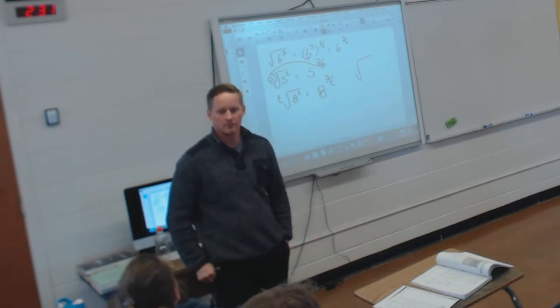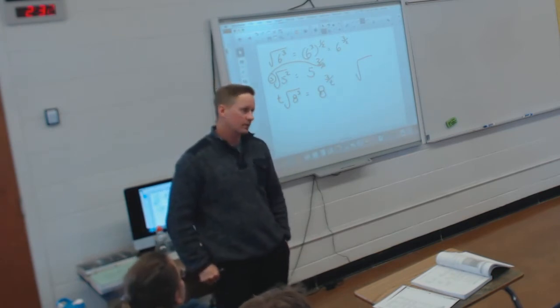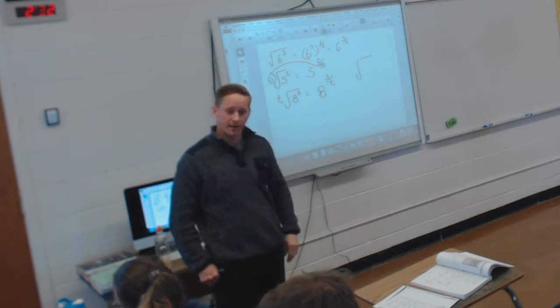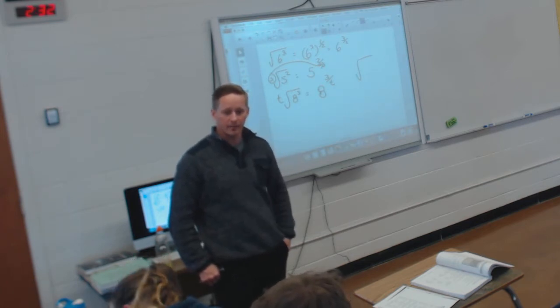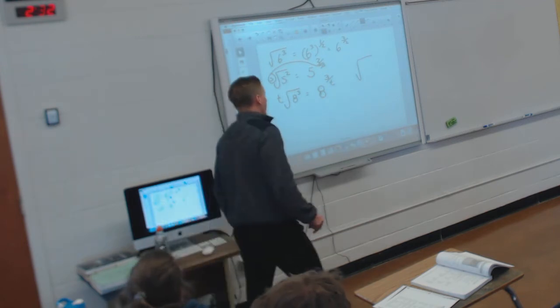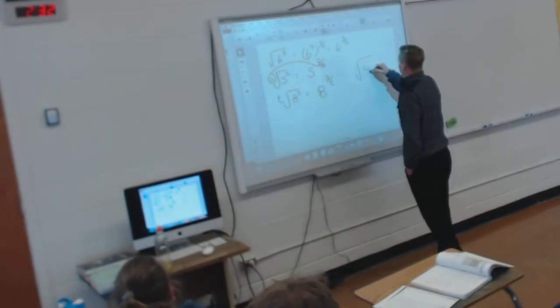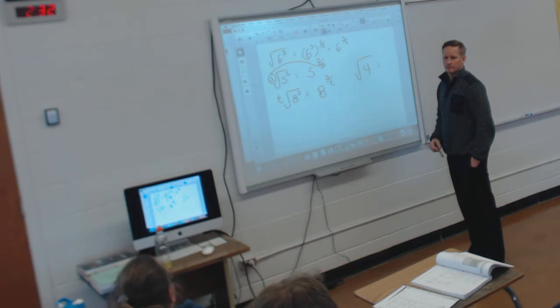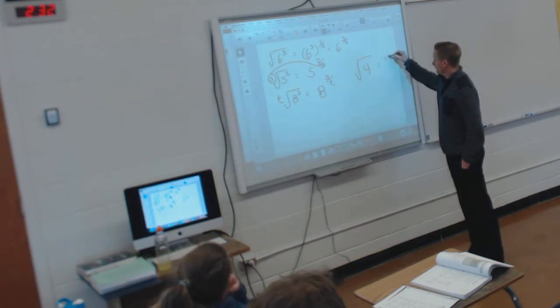So it's the exponent divided by 2. No. It means a square root, right? What does square root mean to you? The square root, you've got to find a value that you multiply by itself to get that number, correct? Right. So that's what square root means. So if I have the square root of 4, what number do I multiply by itself to get 4? 2.